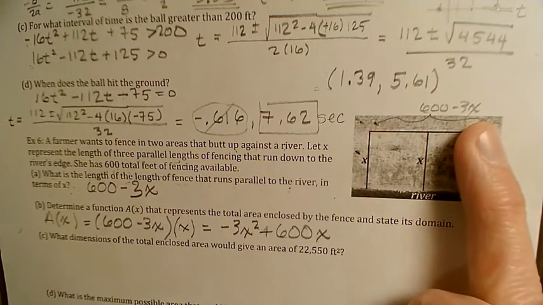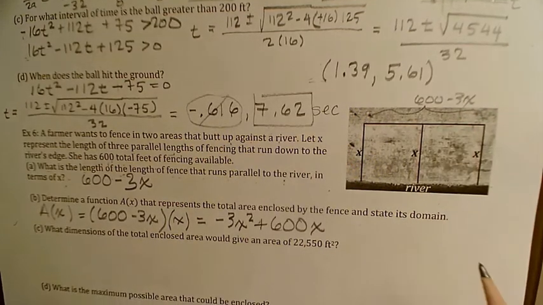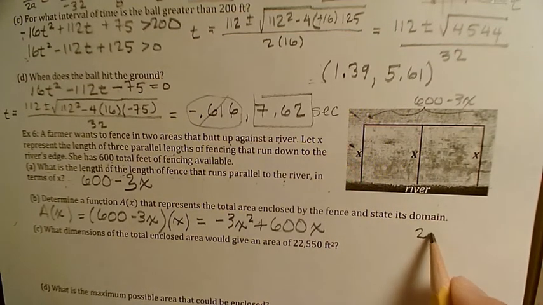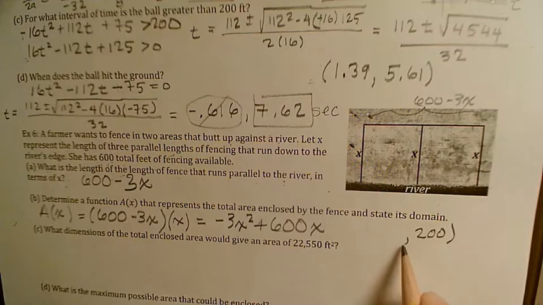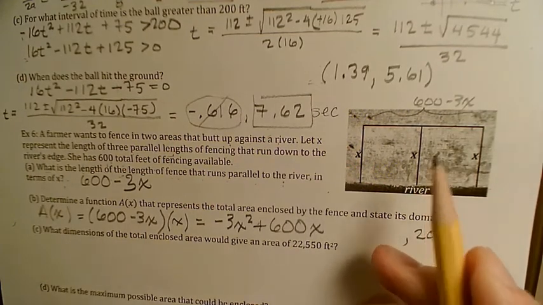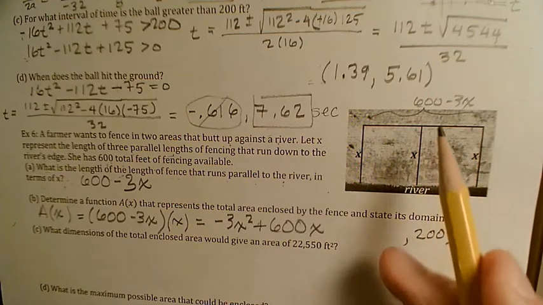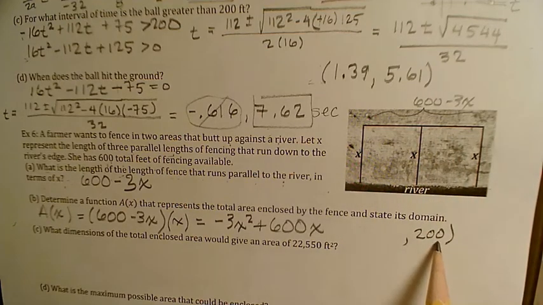That would be the low end. Well, we would never really want to do that because then we would have no area to fence in. But if you think about it, we know we can't be bigger than 200. If it was more than 200, it would be impossible to even do. At 200, we have no area, so we know we've got to be below 200.